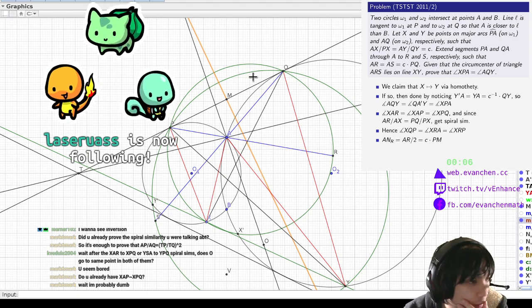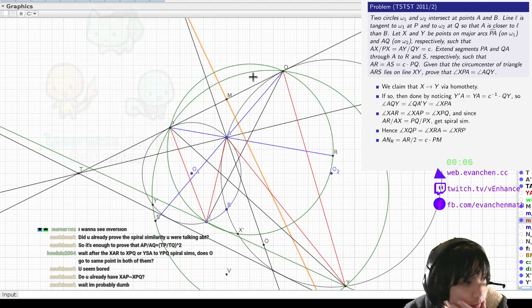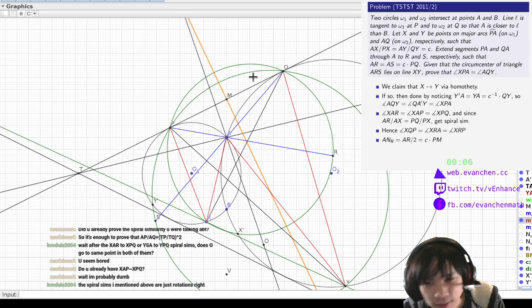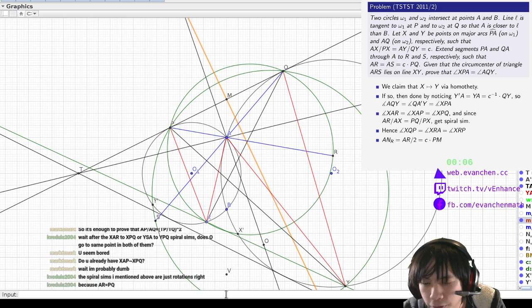But yeah, we have that spiral sim. Thank you. How do I figure out where O goes under the homology?